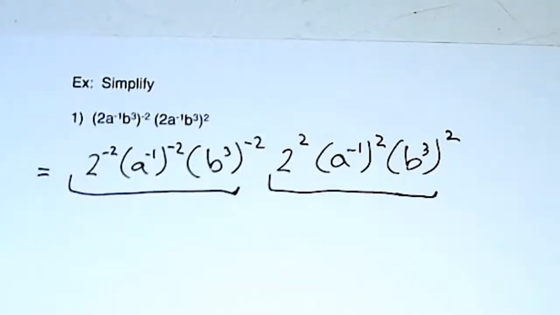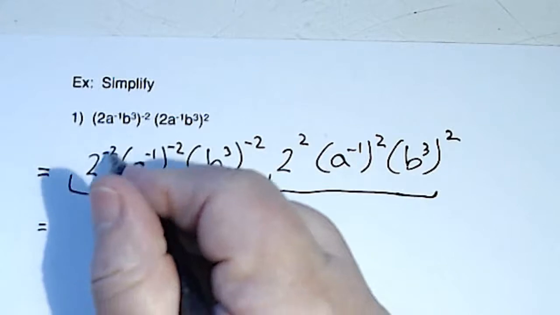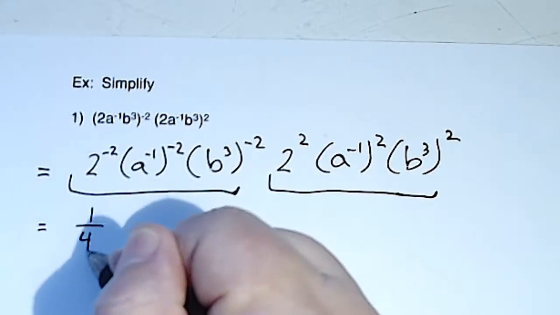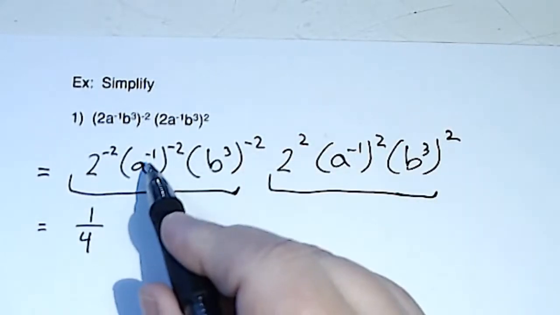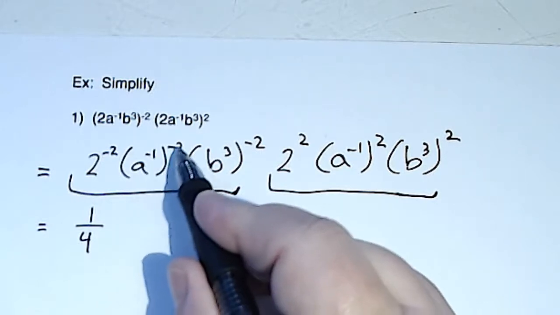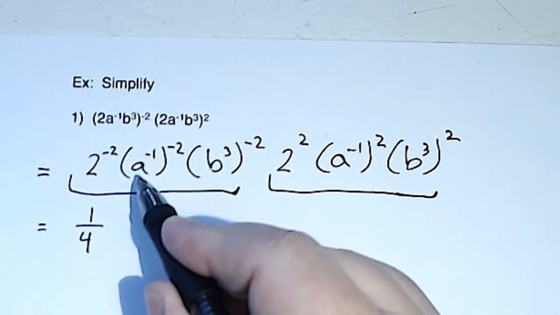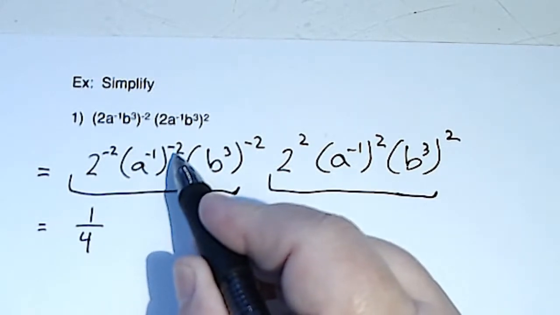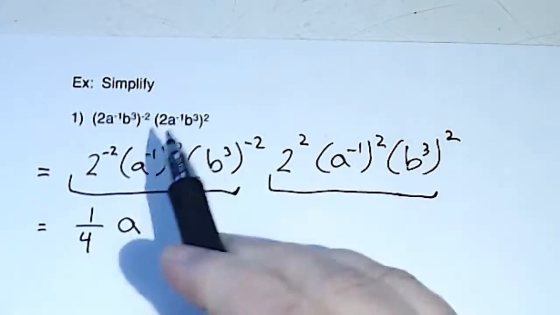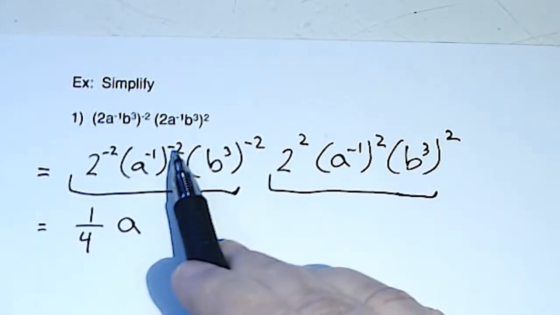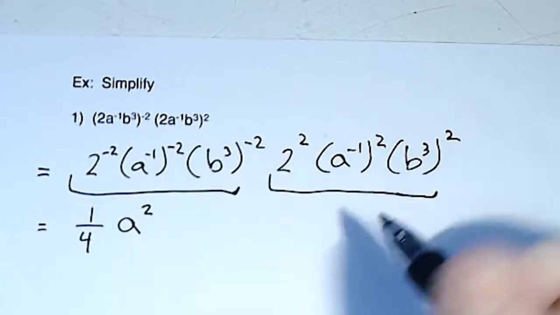Give myself a big fat equals. I'm very excited about this. 2 to the -2 is 1/4. A to the -1 to the -2: remember, I multiply in this case. 1 base, 2 exponents, we're going to multiply. A to the -1 times -2 is a squared.